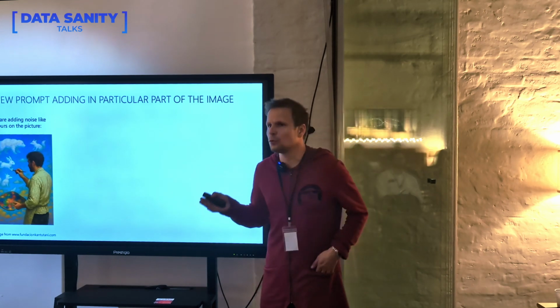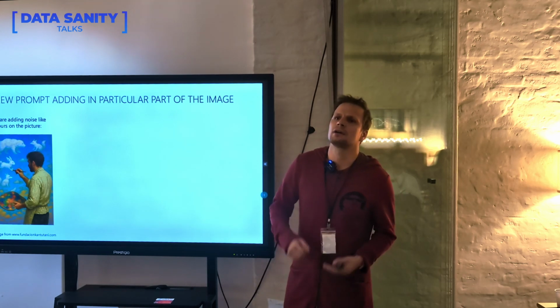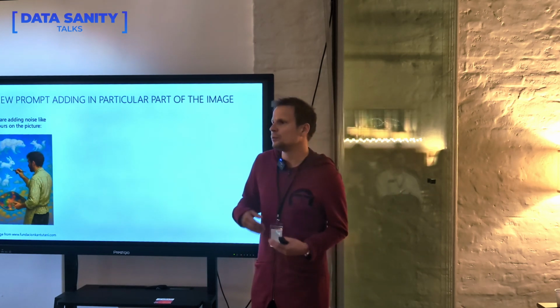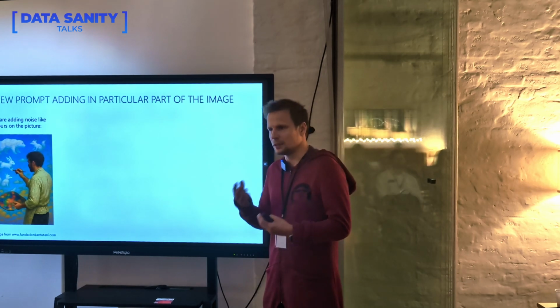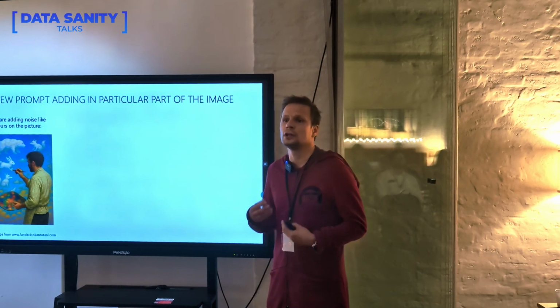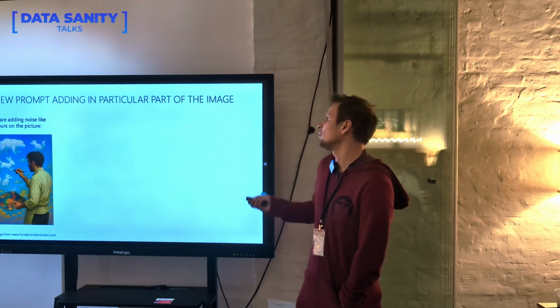The idea is, what if we don't just add constant noise and bring colors everywhere, but bring this color onto a particular part of the image that we want to change. And apparently, spoiler, it works.